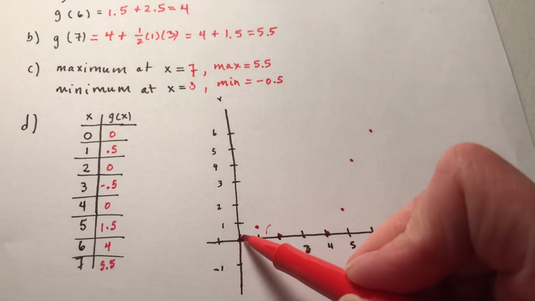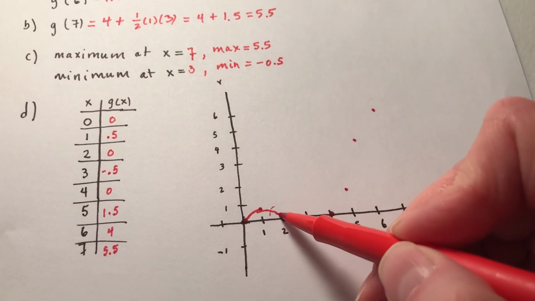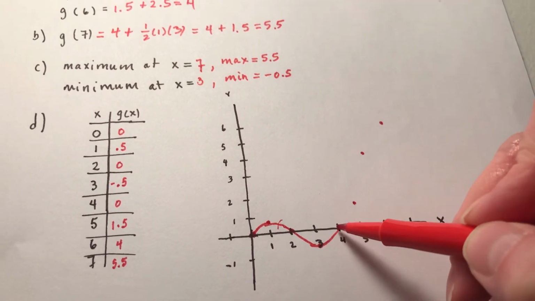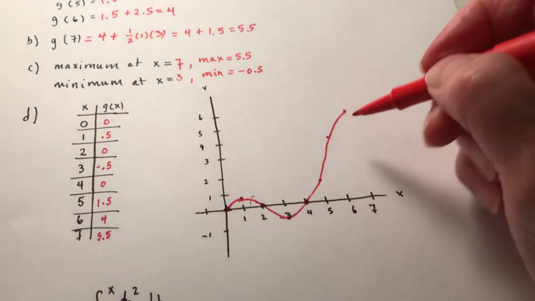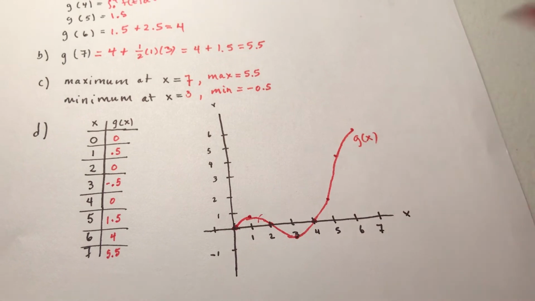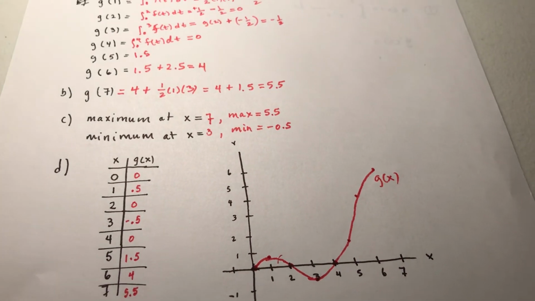So a rough sketch would be something like this. All right, pretty cool, huh? There's g of x. And I will be back for number 2.